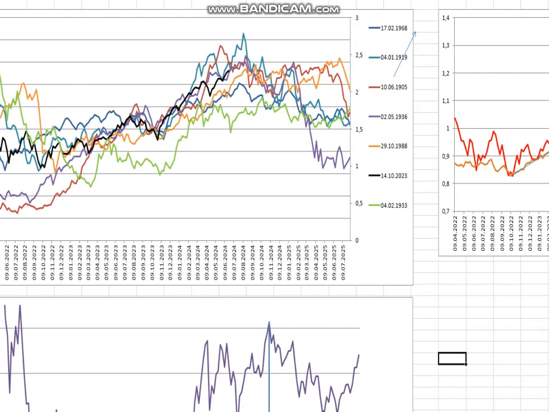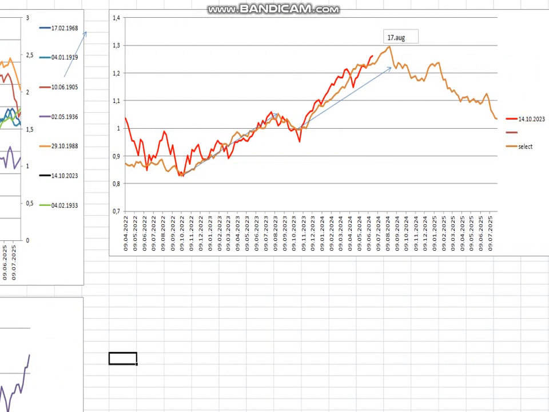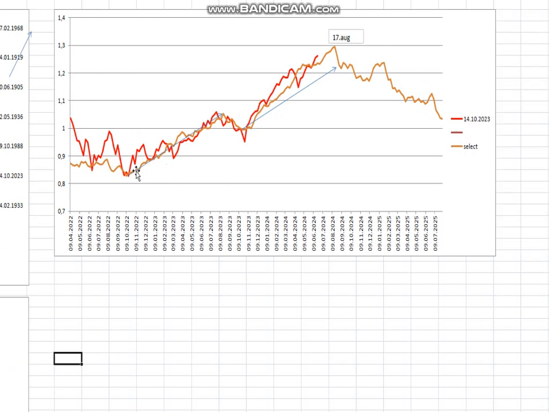And if I'm making an average of that group of analogs, we see we are actually following perfectly this average. And this average is suggesting a top around August the 17th. Also, we see how this is a very symmetrical ABC. This is the same length.